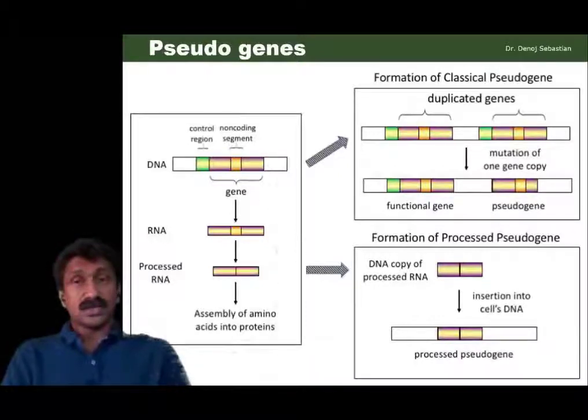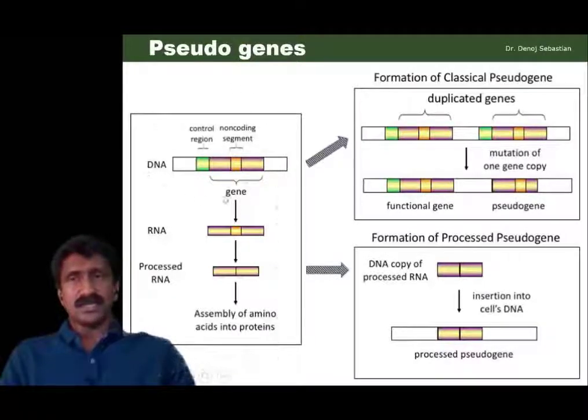As I mentioned, it is a family of genes. Family means it is having a common ancestor. So these genes normally have a gene duplication event.